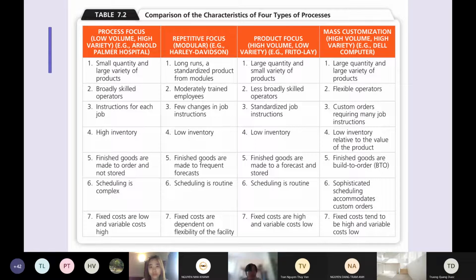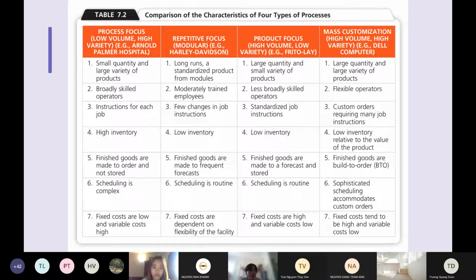For work instructions in the third row, process focus needs instructions for each job, and repetitive focus has a few changes. Product focus has standardized job instructions, and mass customization requires many job instructions.